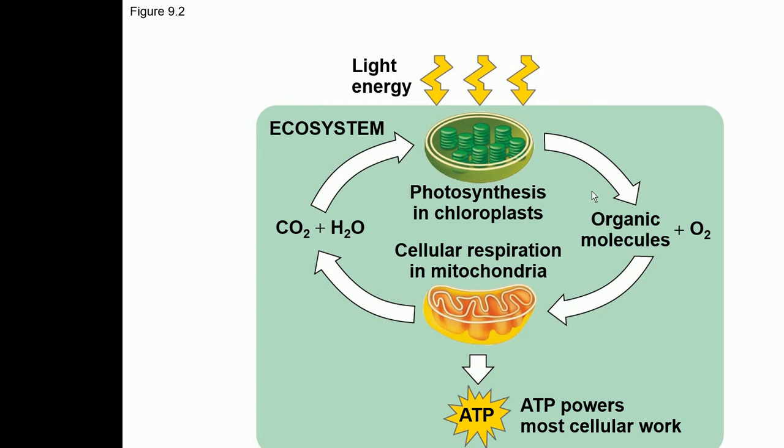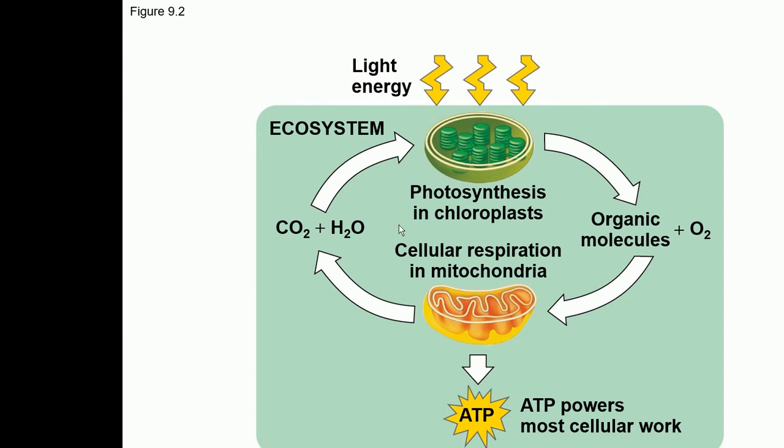These organic molecules are eaten by animals, like us, and by the process of cellular respiration, which takes place in the mitochondria, the organelle we're going to talk about today, the energy is released.